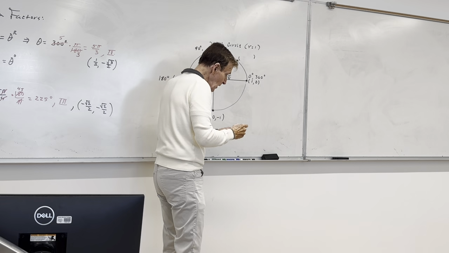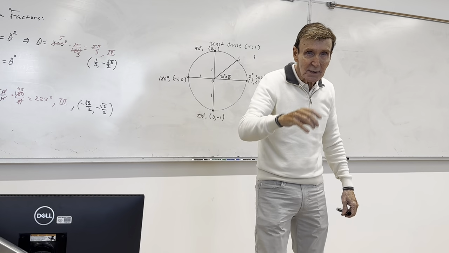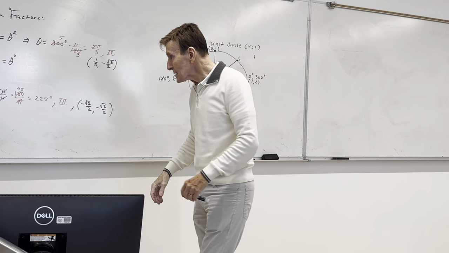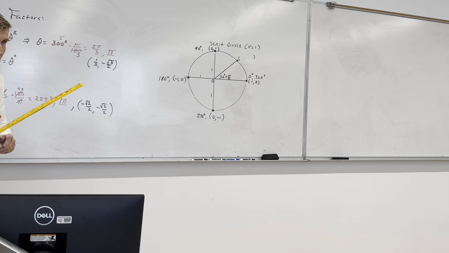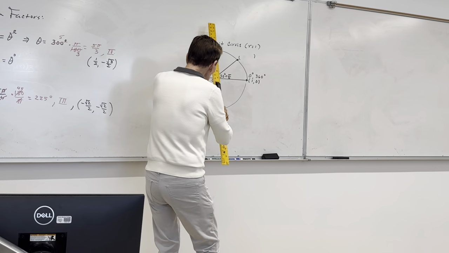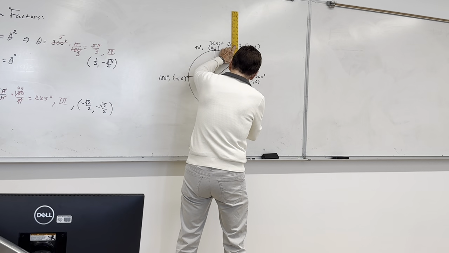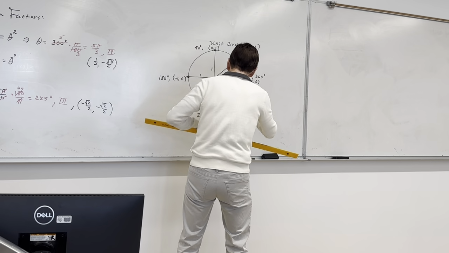Does anyone recall what we did to find the precise x and y coordinates corresponding with 30 degrees? Who has an idea? Does anyone remember from Monday? Did we drop a perpendicular and form a right triangle? I think we did. We have a right triangle.